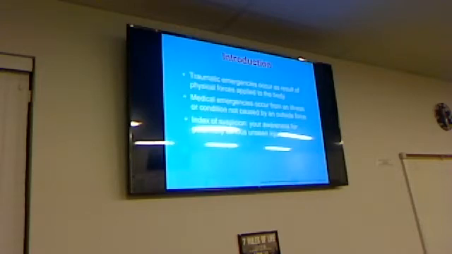Index of suspicion is your awareness for potentially serious unseen injuries. This is where we start to look at mechanism of injury. What are we dealing with? Is this a stabbing? Is it blunt trauma from a motor vehicle accident? Or is this a secondary injury from a blast, an explosion? Not everything is going to be huge puddles of blood, exsanguinating, life-threatening bleeding, or mangled extremities.